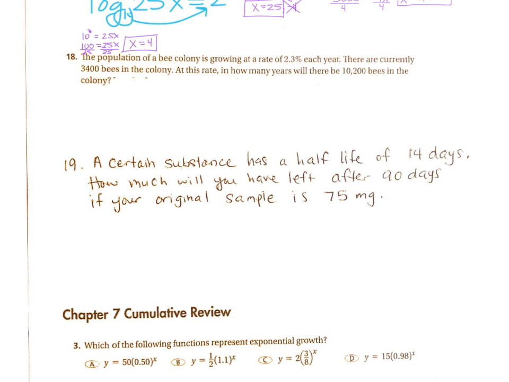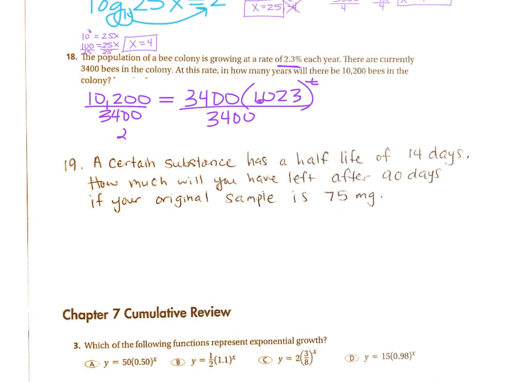So we're going to write this, our total, 10,200 equals, and this is exponential growth, so our original amount, 3,400, times our rate, which is growing at 2.3%, so it's 102.3%, but as a decimal, that would be 1.023. And then we're trying to figure out the time. We're trying to figure out how many years. So it looks like this. I'm going to start by dividing by 3,400.